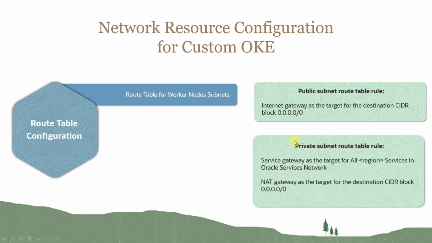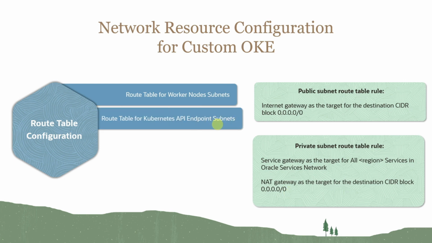And for private subnets, configure a route rule targeting the service gateway for all region services in Oracle Service Network and another one for the NAT gateway as the target for the destination CIDR block, again 0.0.0.0/0. The route rule remains same for the Kubernetes API endpoint subnets for public as well as private subnets.